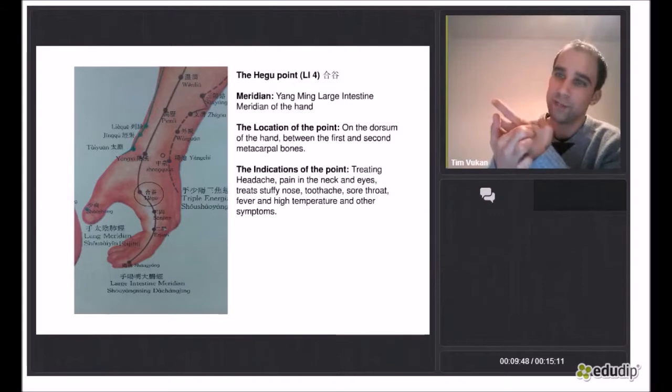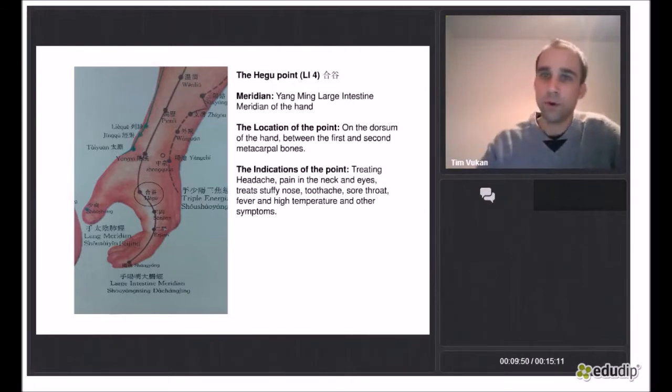If we start pressing and stimulating this point, which is a point from the large intestine meridian, we are able to treat headache or pain in the neck, pain in the eyes, a toothache, a sore throat, high fever, and of course many other symptoms. So just a very basic introduction to this point.